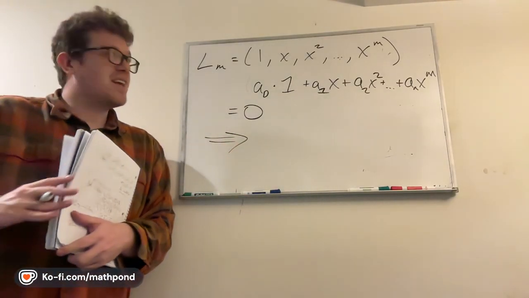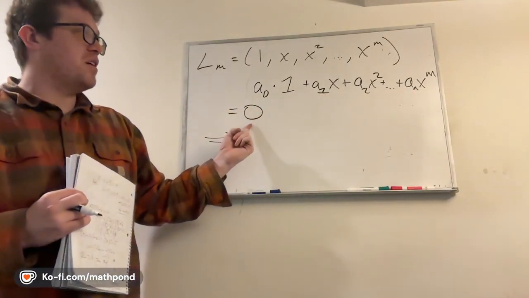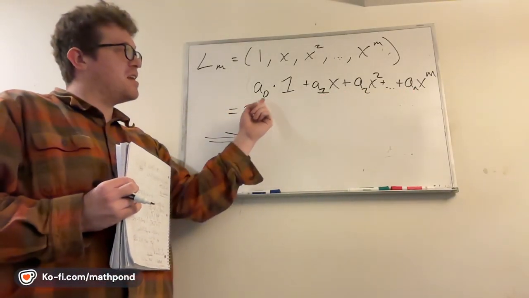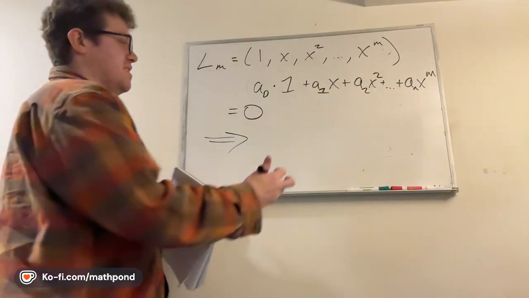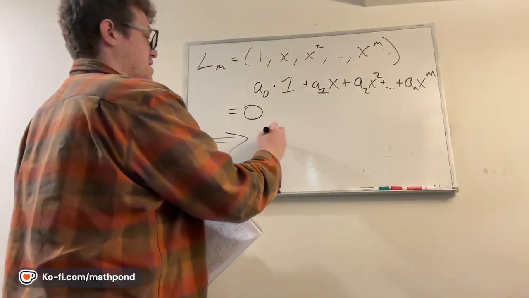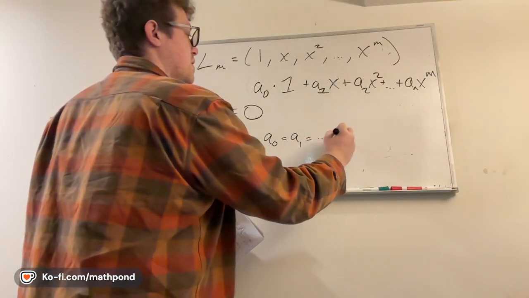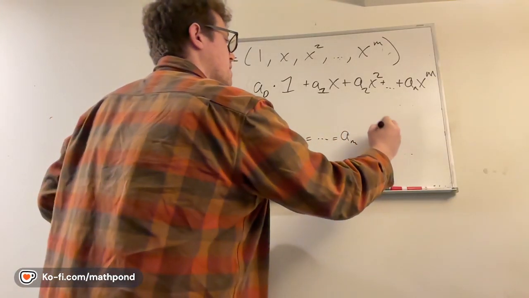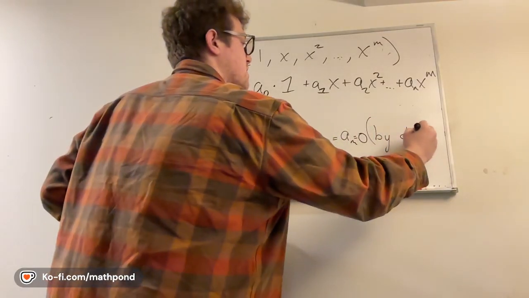Well, it literally can't be the 0 polynomial unless all of these are 0, because the 0 polynomial has no x's. If any of these are non-zero, then we have some x. So they're all 0 by checking degrees.